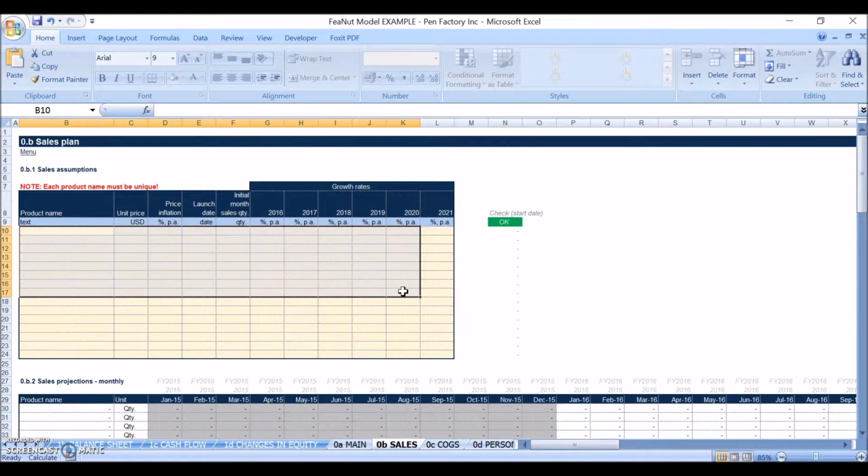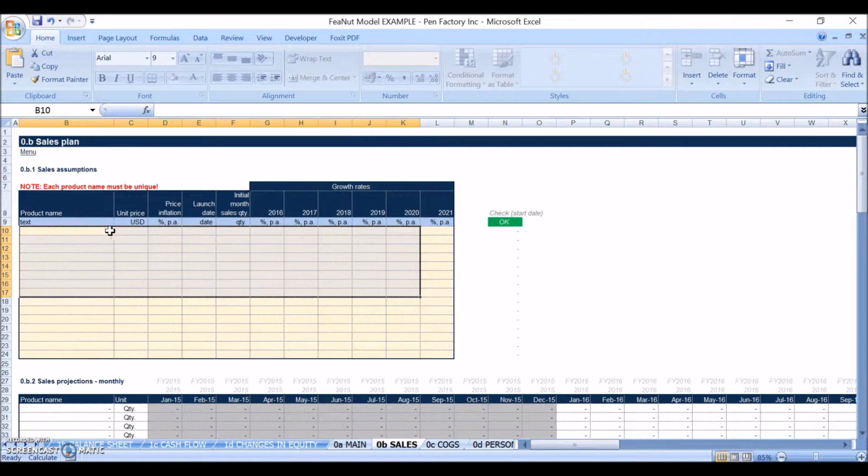So in Feanut Financial Model, when you model the sales, your revenues, you model it in a way that you provide the unit price and the quantities of different products and services that you want to offer.